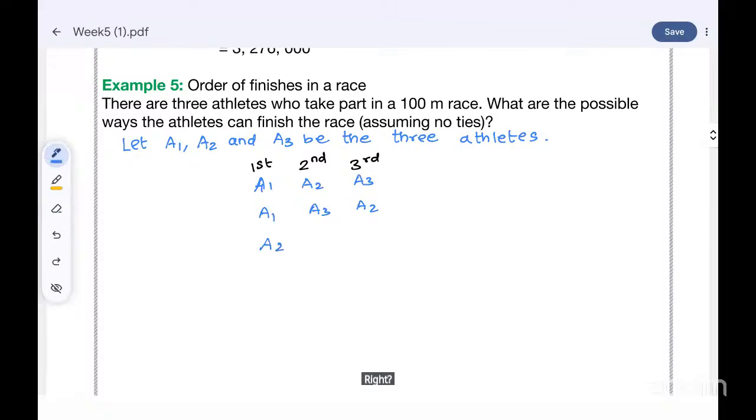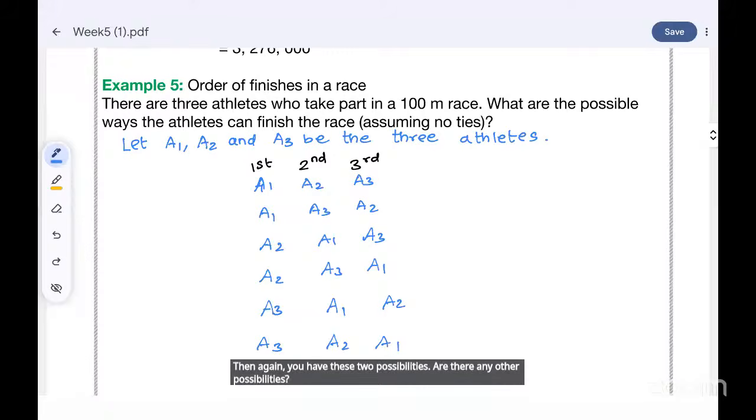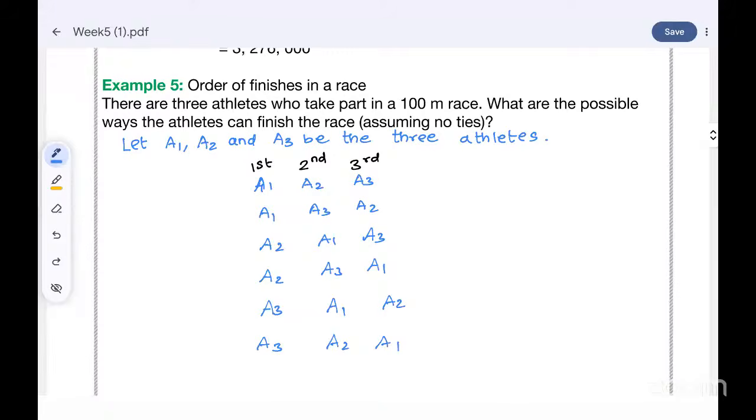Or if A2 comes first, then again you have these two possibilities. Or if A3 comes first, then again you have these two possibilities. Are there any other possibilities? No, right? So you have only 6 different options, so you see 6 ways.